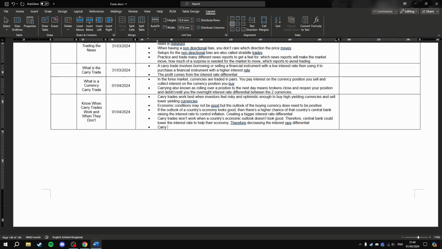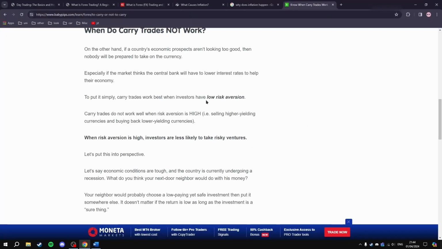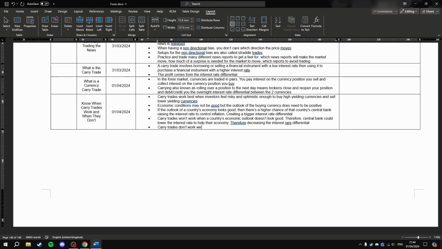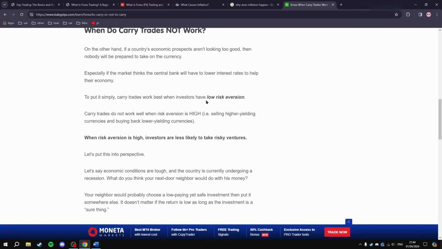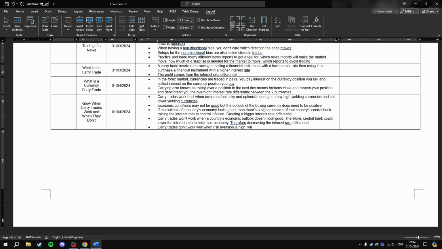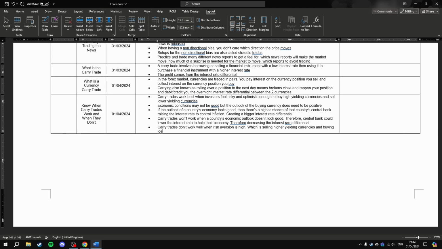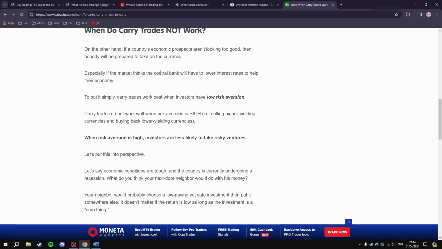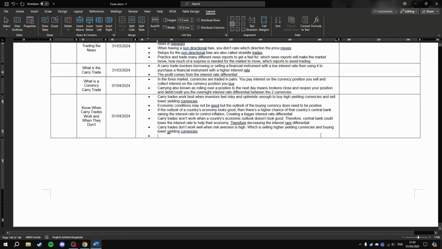Carry trades don't work well when risk aversion is high, which is selling higher yielding currencies and buying back lower yielding currencies.